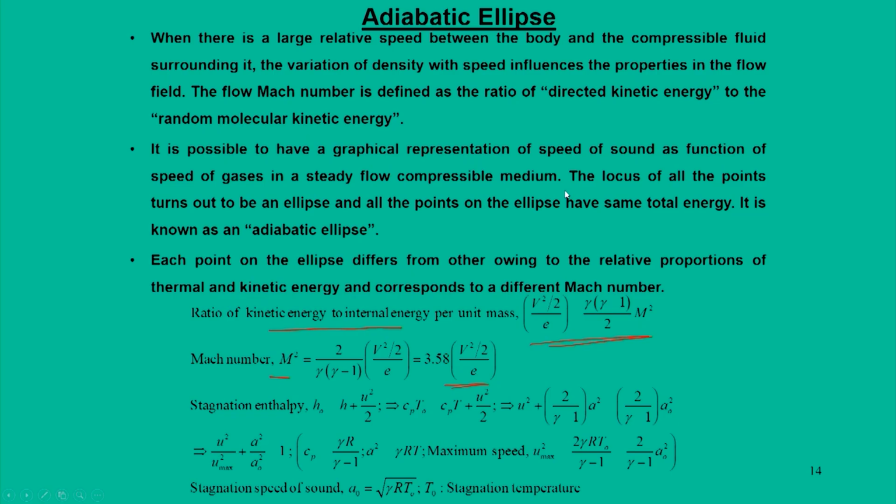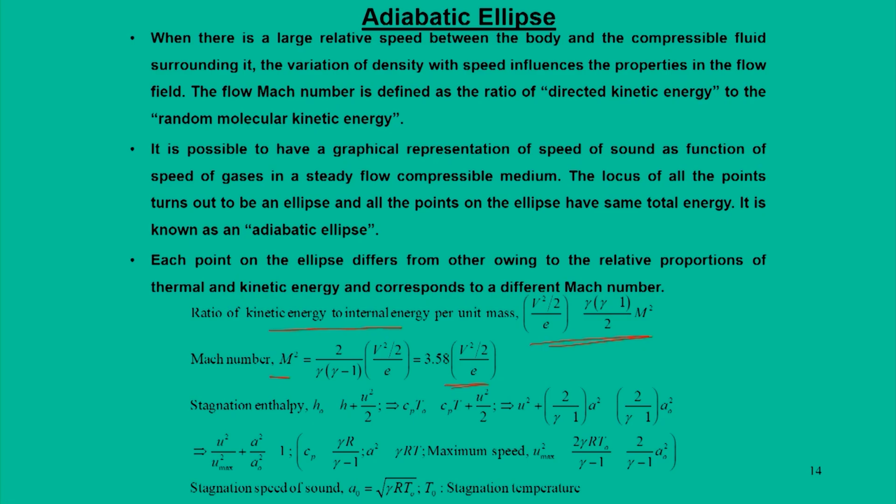So, what is the basic definition of the adiabatic ellipse? The adiabatic ellipse is the locus of all points that turns out to be an ellipse, and all points on the ellipse have the same total kinetic energy.